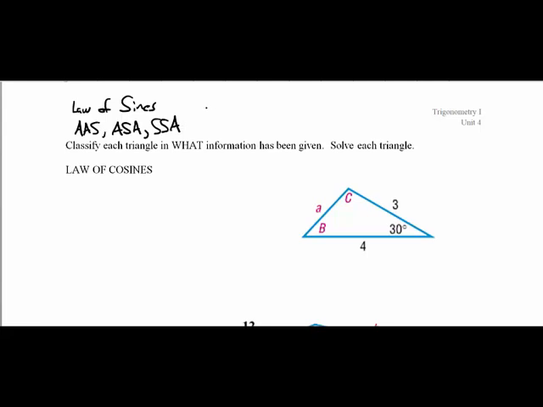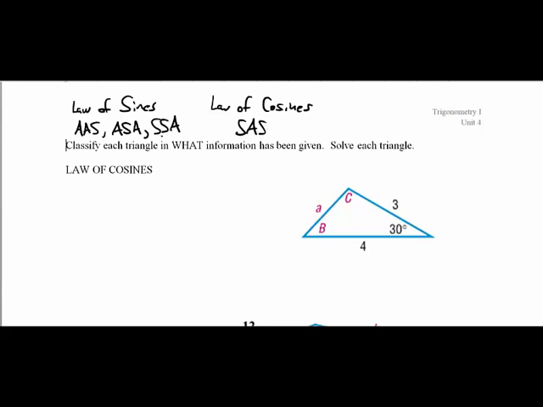But there are other combinations that we can solve with different trigonometric formulas. For example, the law of cosines, which I might abbreviate as LOC in this video, will be used for these three-letter combinations: side, angle, side. The reason why side, angle, side is useful for the law of cosines is because the whole formula is based on that premise of having just one missing piece of our third component, which you will see in the formula.